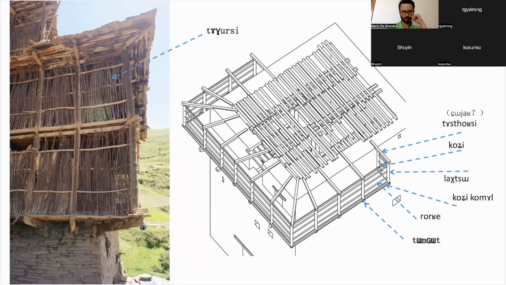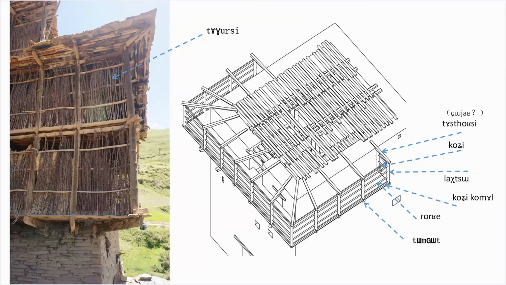I mean, each building element has its own name, much more than other parts of the building. We might wonder why each small piece of element got its name in this space.